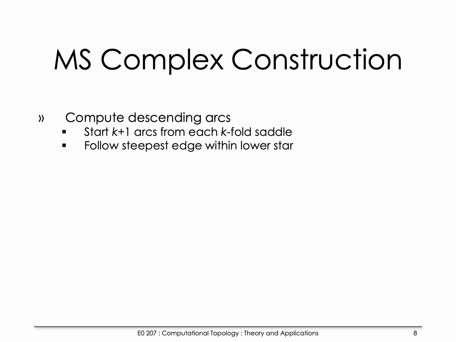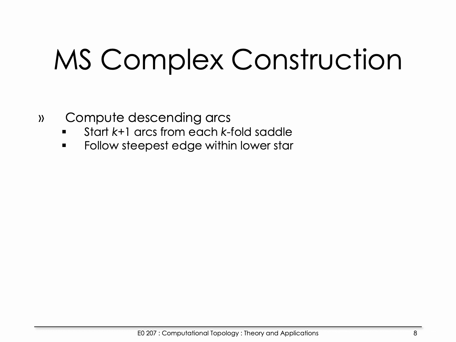The way to handle multi-saddles is you essentially just create k+1 descending arcs originating at each k-fold saddle, and with that minor change, you can handle multi-saddles in the algorithm, and all other steps of the algorithm are essentially the same.